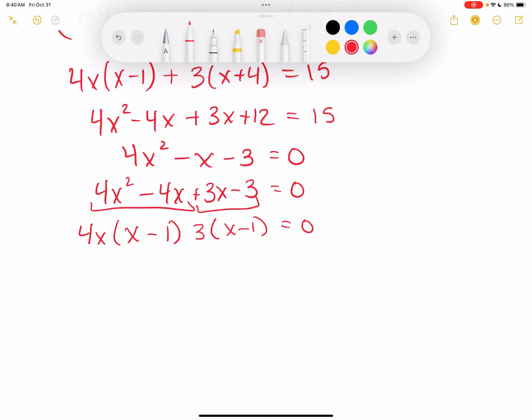So I've got 4x plus 3 times x minus 1 equals 0. So then I'm setting each piece equal, but I think you can probably just look at it and not actually have to rewrite the whole thing. x would be equal to negative 3/4, or x is equal to 1.